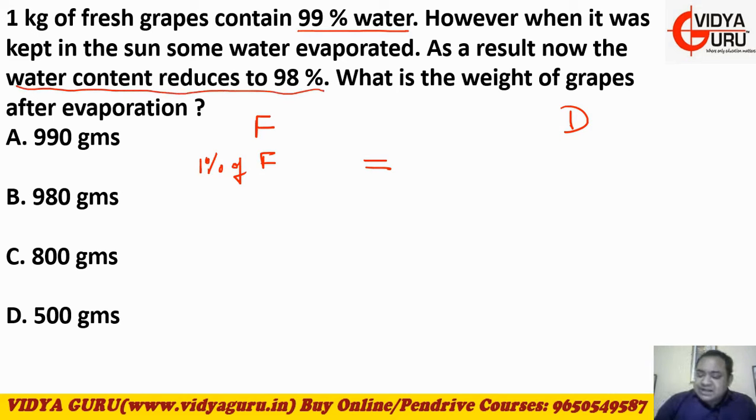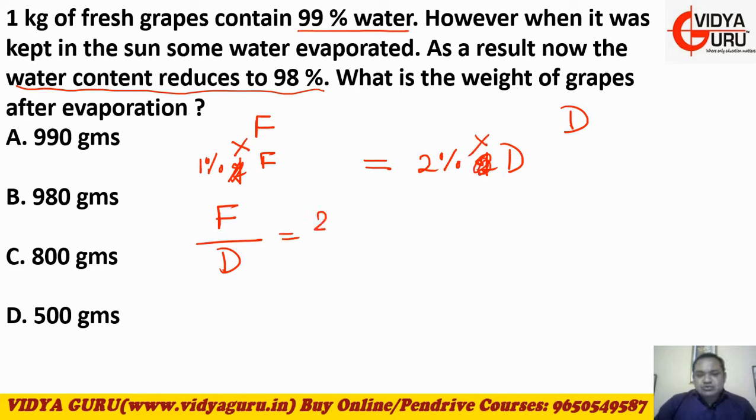So 100 minus 98 is what? 2%, which is equal to 2% of dried. Here, "of" means into, because "of" simply means multiply. So F by D is equal to 2 by 1.